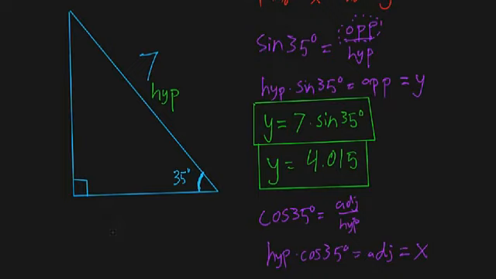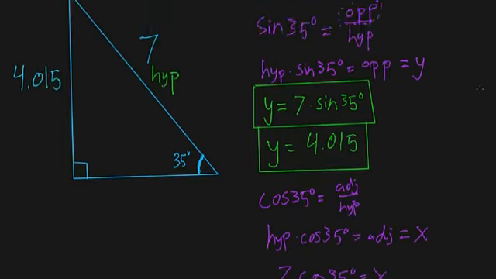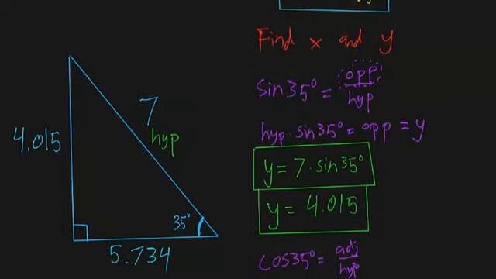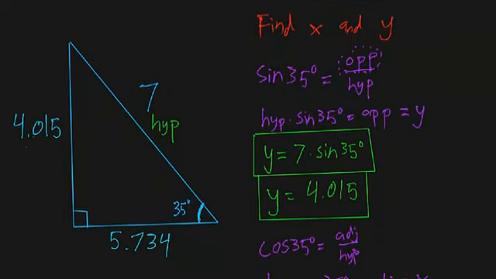So we know that the opposite side is 4.015. Let's write that in. And the adjacent side we found to be 5.734. Alright, so we found x and y just like they asked, and this is one possible triangle, well, the triangle that has a hypotenuse of 7 with an angle here of 35 degrees.